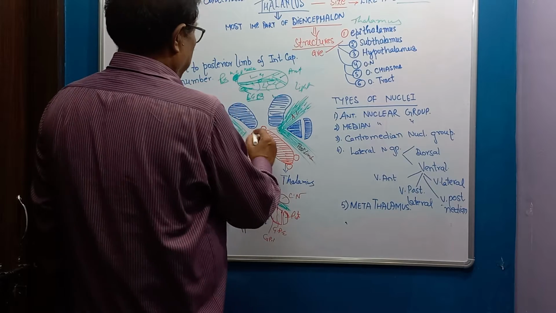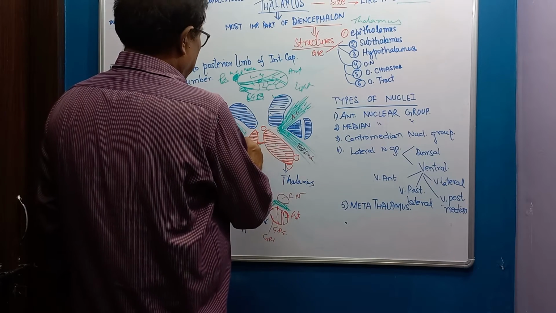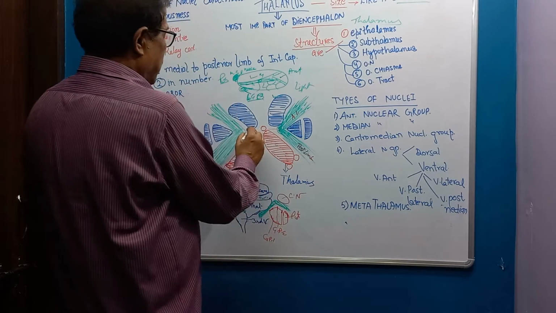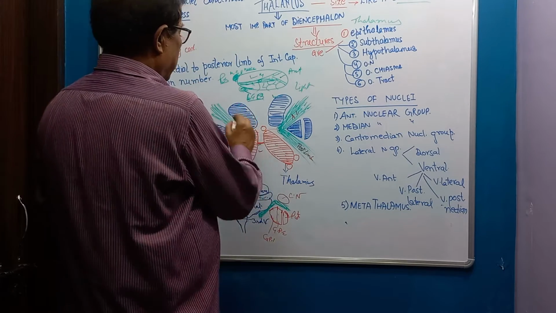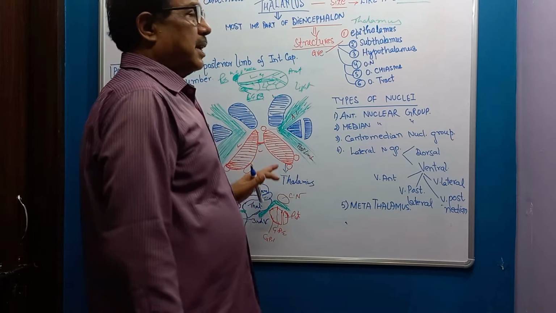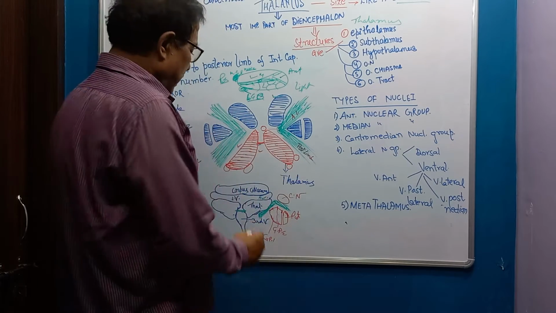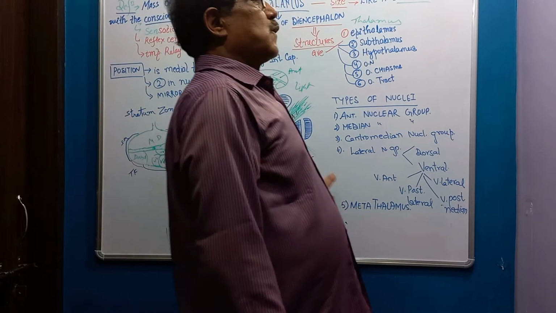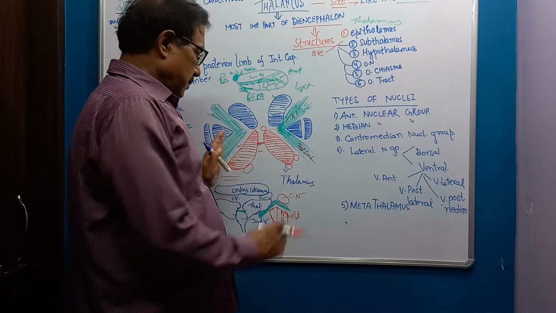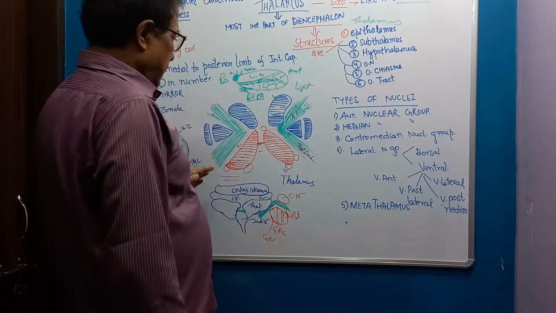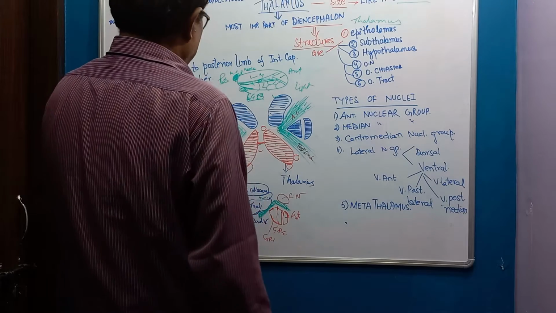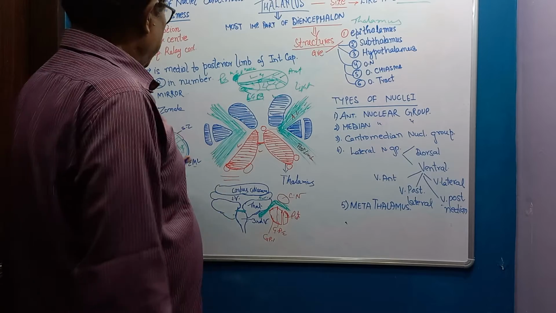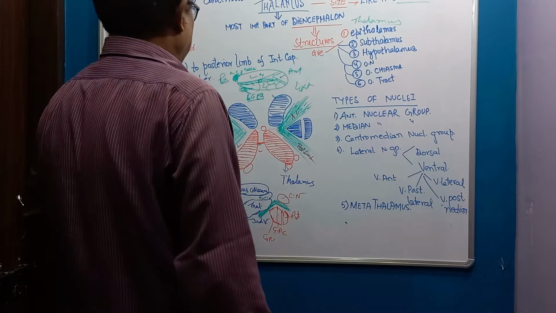On the dorsum is the caudate nucleus, and ventrally is the subthalamus. So this is about the relations of the thalamus in the brain. It is just above the midbrain. This is the position of the thalamus.